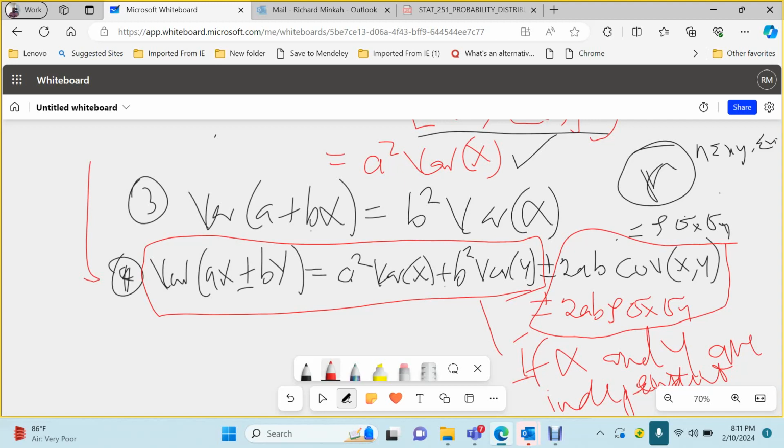When you are investing, if X and Y are different stocks and they are positively related, you will get a high risk or variance, because you are going to add 2AB covariance to whatever you have computed over here. But if they are independent, you have only this part.